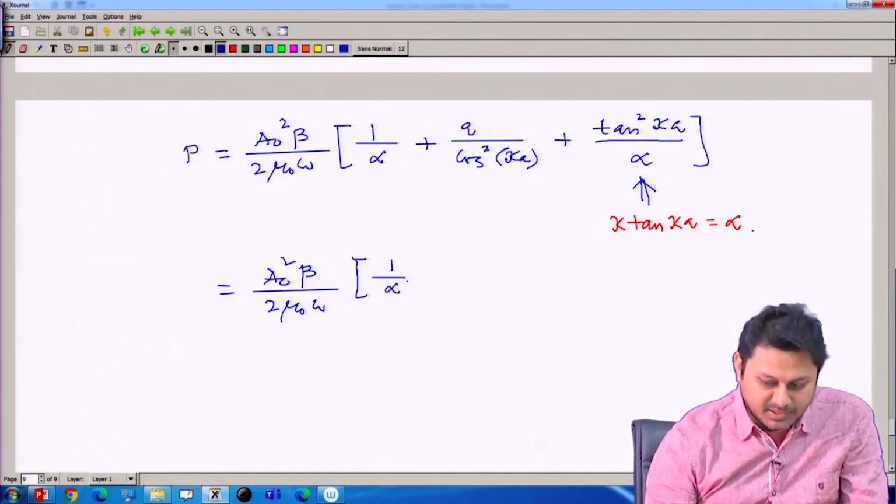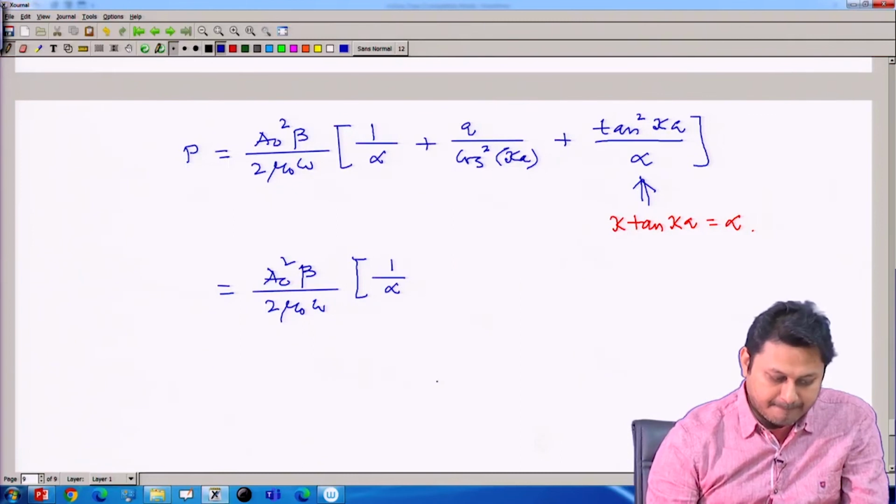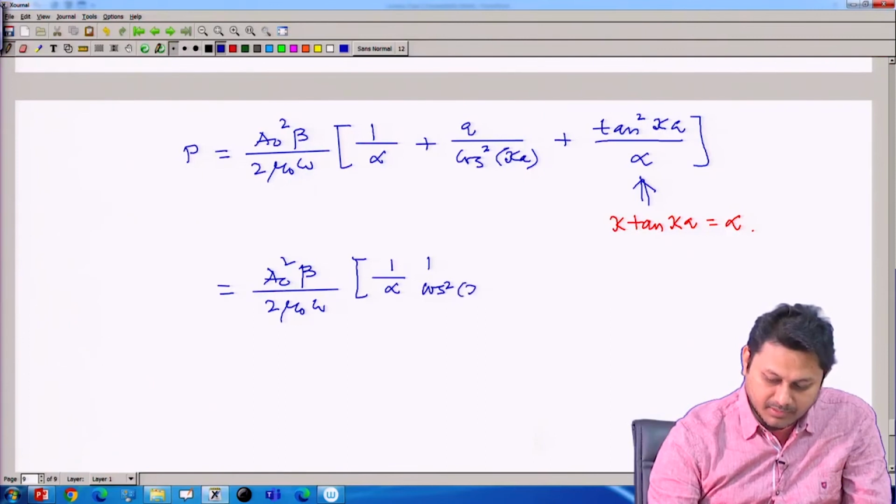Then it should be 1 plus tan square kappa a, and 1 plus tan square kappa a is eventually 1 by cos square kappa a. So, this is the first term, and the second term we already have as a divided by cos square kappa a.